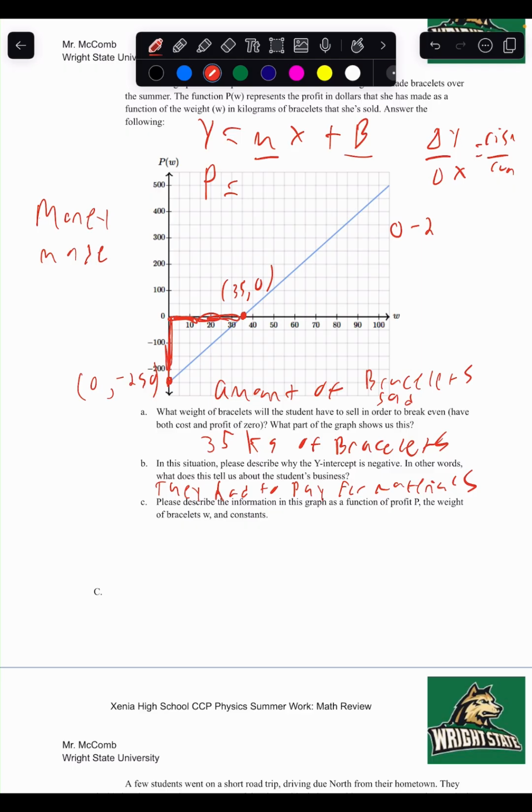I'm going to put top point, bottom point. So 0 minus negative 250 over 35 minus 0. 0 minus negative 250, excuse me, is going to make that positive. So we get 250 over 35. 250 over 35 is going to be 7 and some change. 7.14.